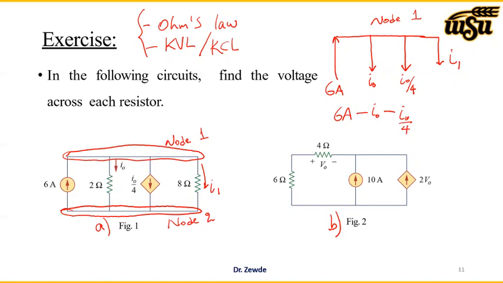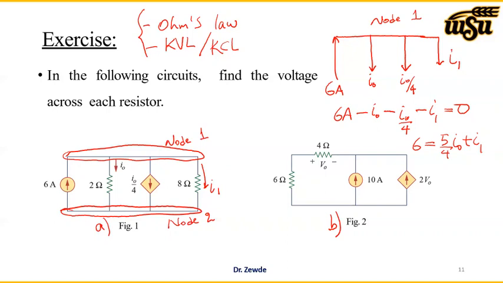And the third component is also leaving, minus I1, should be equal to 0. So if you add all these, it will be 6 equals 1 plus 1 over 4, which is 5 over 4, I0 plus I1.